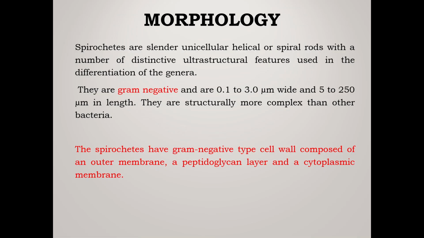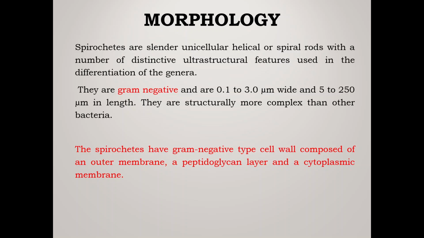Morphology of spirochetes. Spirochetes are slender, unicellular, helical or spiral rods with a number of distinguished ultrastructural features used in the differentiation of the genera. They are gram-negative, 0.1 to 0.3 micrometers wide and 5 to 15 micrometers in length.